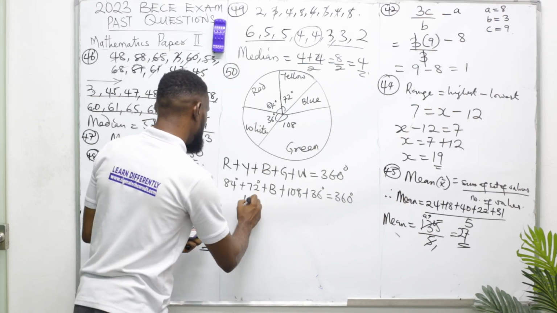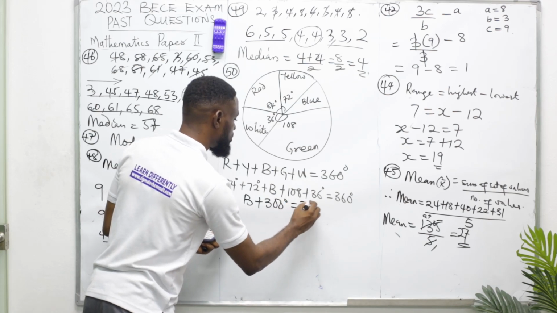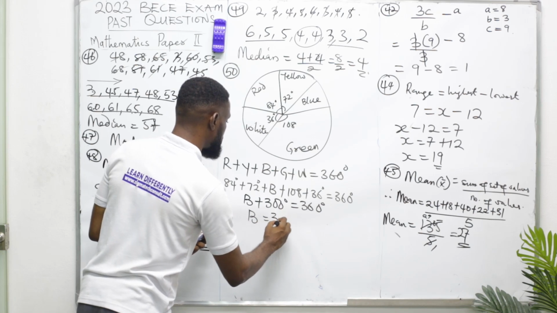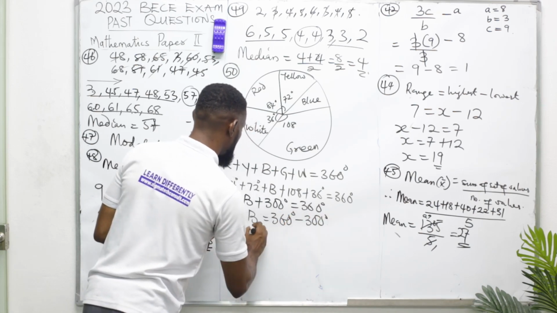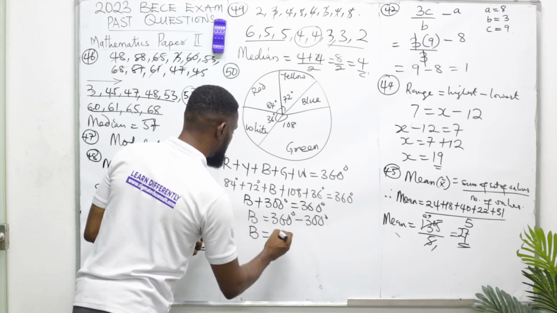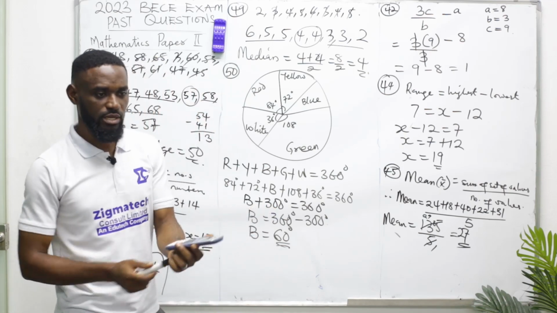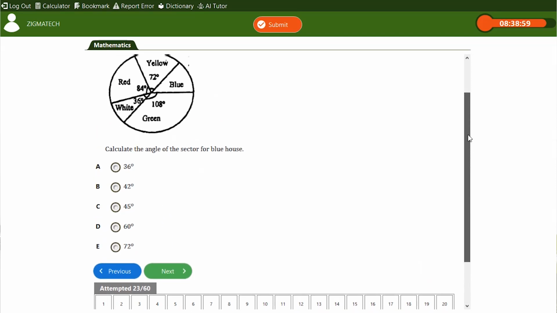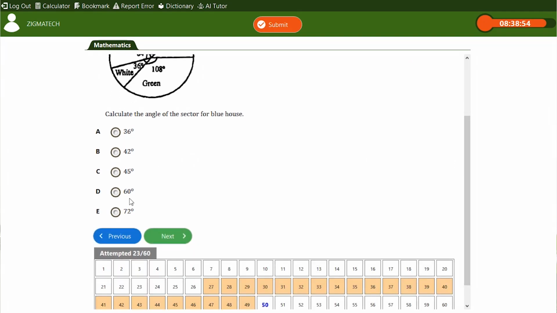So B plus 300 degrees is equal to 360 degrees. So B will be equal to 360 degrees minus 300 degrees. It means that B, the blue, has 60 degrees as the angle there. So 60 degrees is option D, right?